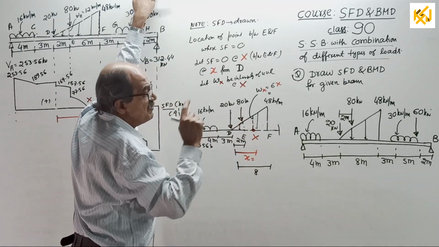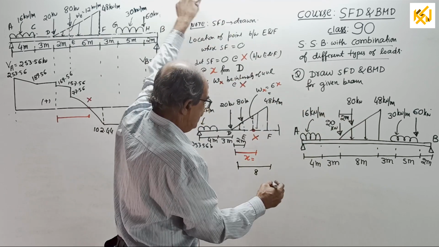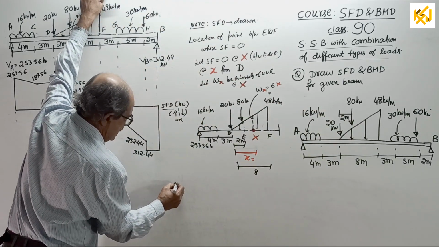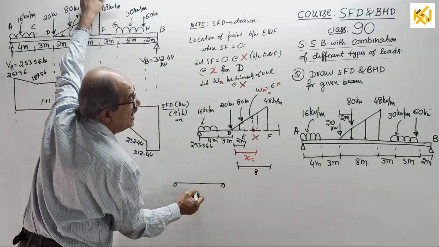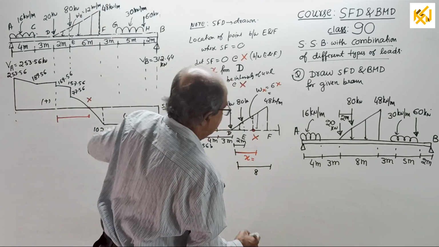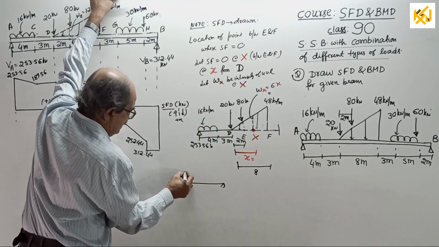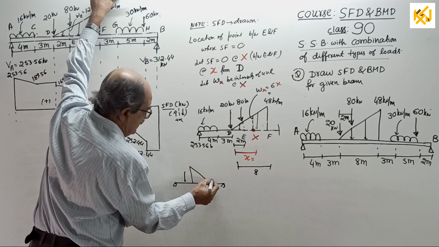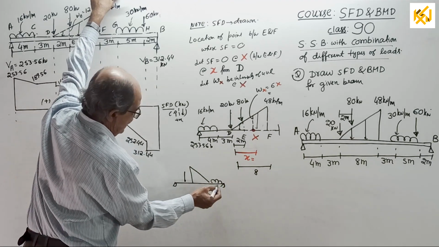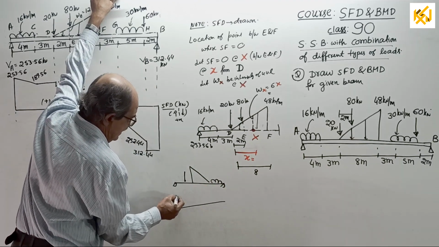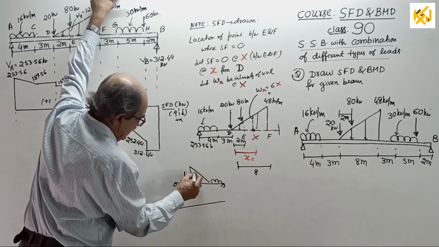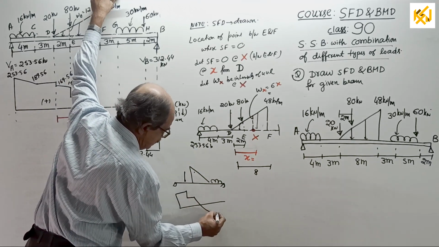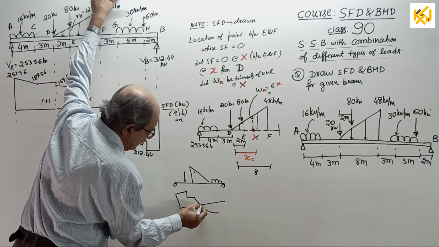Now, remember, class number 86, I will tell now only why I am telling, I have noted down here. Somewhere on paper I noted down, roughly, this way is class number 89. Now, here your SFD, it came this way, it is crossing the base line somewhere here.